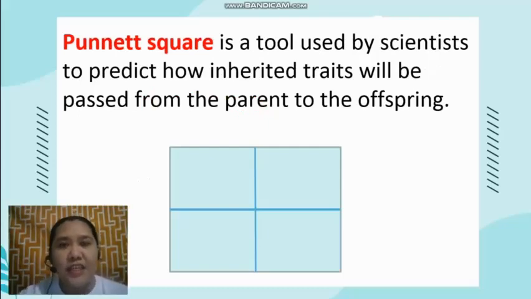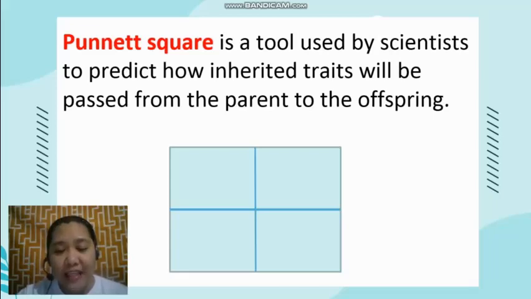In studying genetics, it is important that you know how to use the Punnett square. The Punnett square is a tool used by scientists to predict how the traits are passed from the parents to the offspring. Based on the name itself, it is drawn as a square divided into 4 sections.